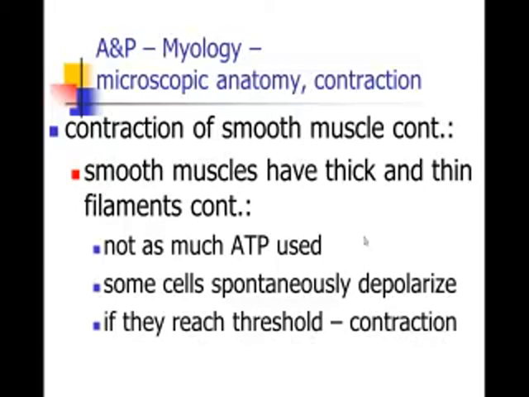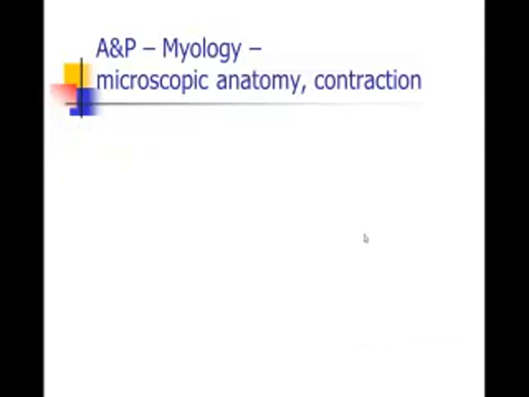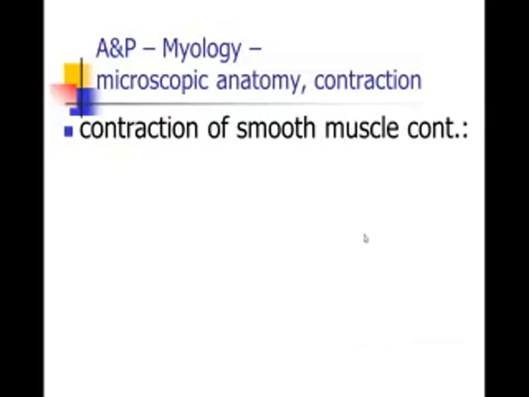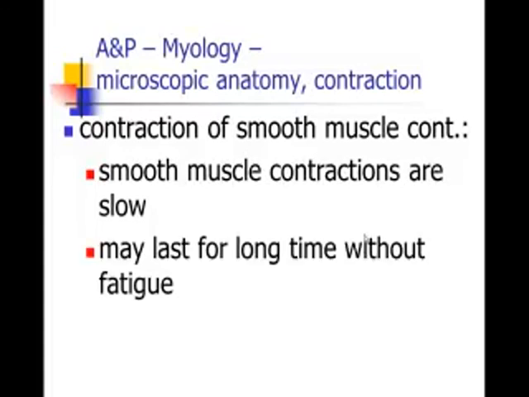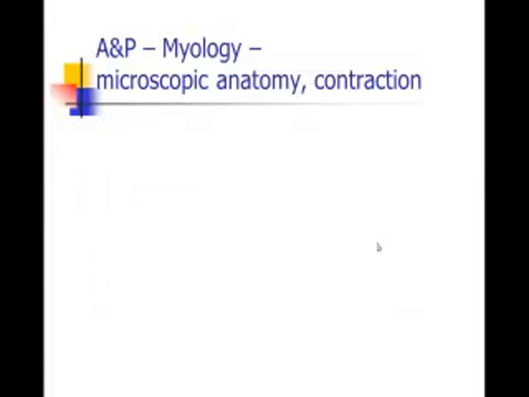So once these cells reach threshold, they contract, and it's real important in the gastrointestinal tract. Okay, so smooth muscle contractions are slow. And because they're not using up huge amounts of ATP, you can maintain smooth muscle contractions for a fairly long time without fatigue. And that works out really well for things like the uterus.